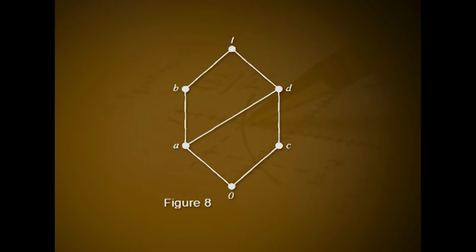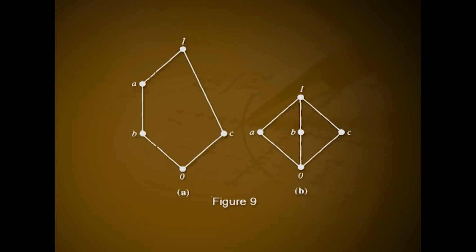Example 11. The lattice shown in figure 8 is distributive, as can be seen by verifying the distributive properties for all ordered triples chosen from the elements a, b, c and d. Example 12. Show that the lattices shown in figure 9 are non-distributive. Solution.